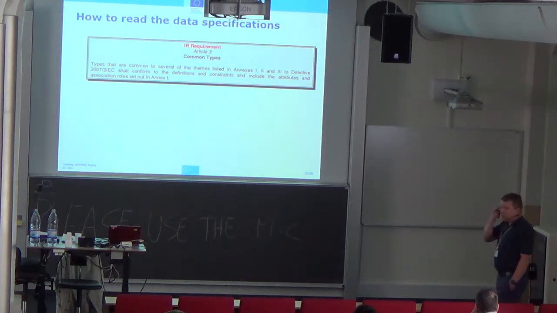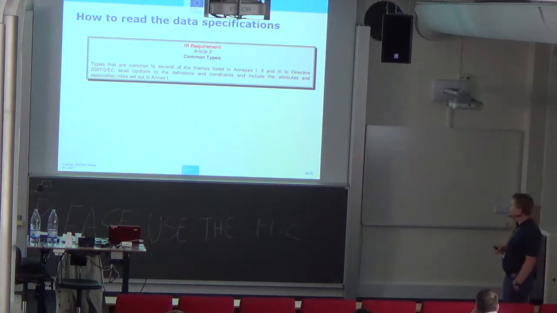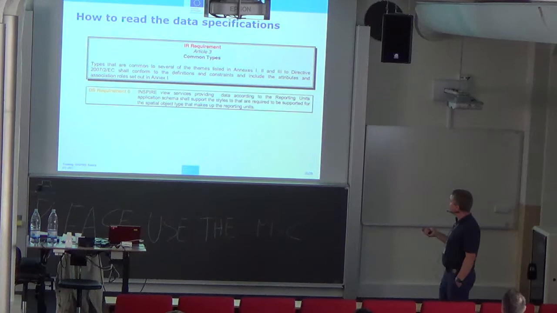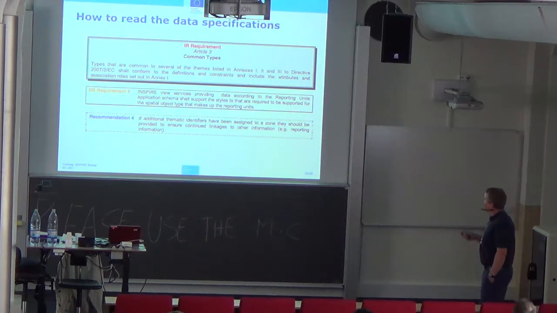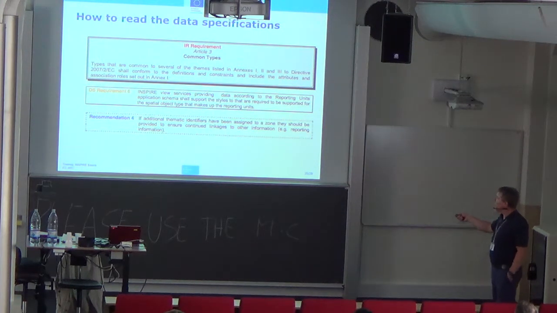And then when you read the data specification or other technical guidance, you can find different types of requirements and recommendations. If it is marked in red, it is an implementing rule requirement, which means it is obligatory, something I really must provide.